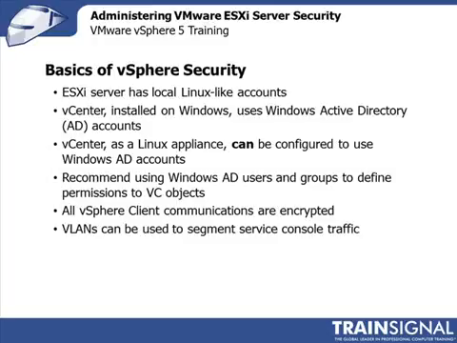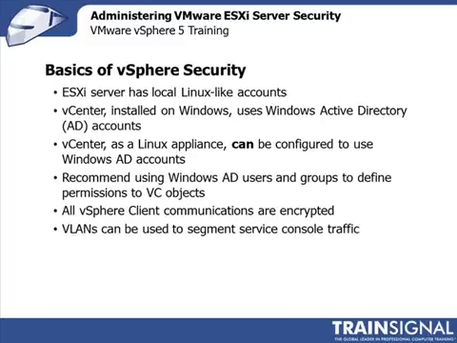So ESXi server, your physical servers, have local Linux-like accounts. For example, the administrative account is called root. And then vCenter, let's say that it's installed on your Windows server, like it traditionally would be before the VCSA, it uses the Windows Active Directory authentication accounts because that Windows server should be a member of the Active Directory domain.